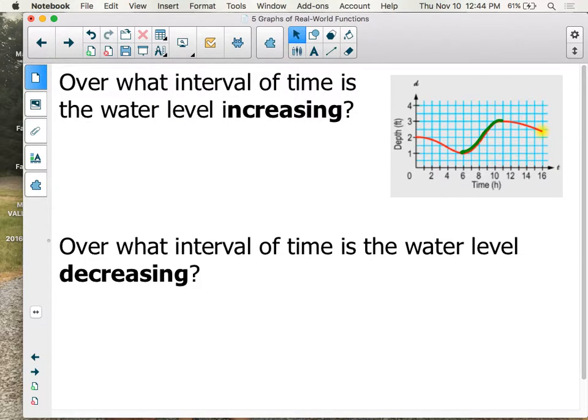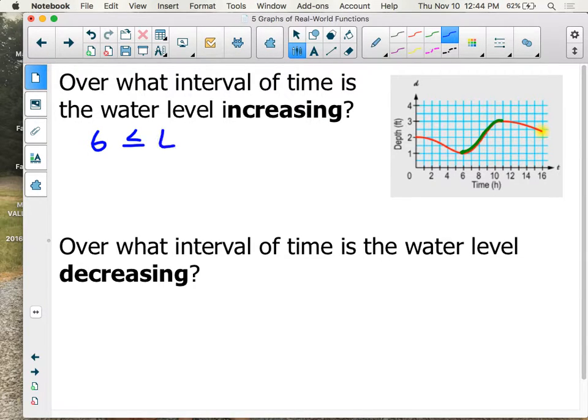So my green section is showing where it's increasing. So let's use that notation that we used, where we'll say from 6 hours, and maybe we'll use t in the middle. So as long as our time is between 6 and 11 hours, the depth of the pool is increasing.